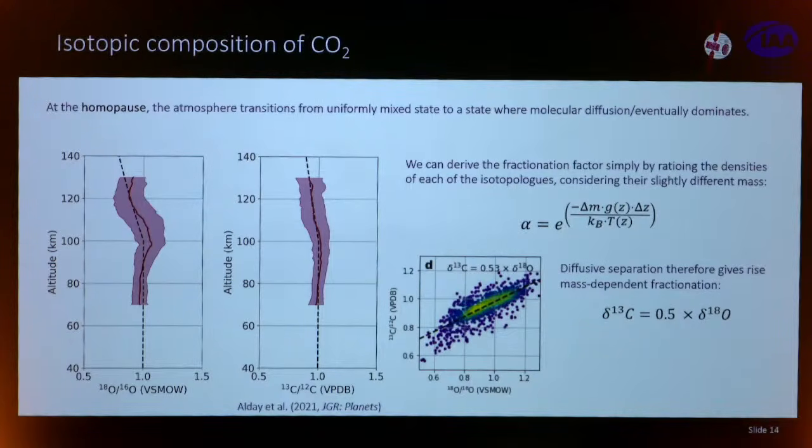Then comes the time of the molecular diffusion at higher altitude, and we see a decline which is very much in line with what you expect based on the molecular mass and the diffusion of these two molecules separately. And therefore, we are confirming here that what shapes the profile of C13 and C12 at higher altitude is molecular diffusion.